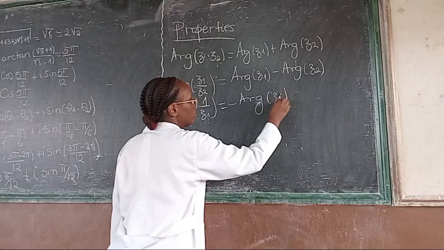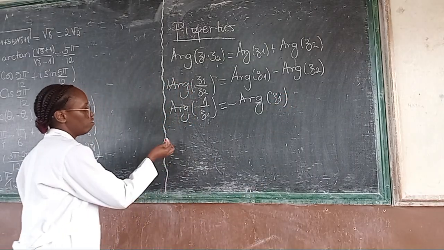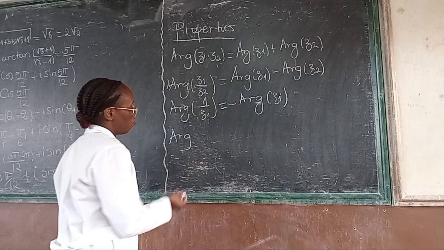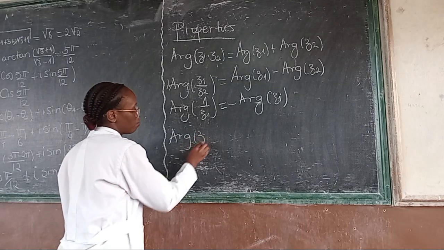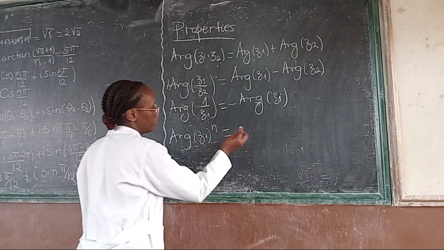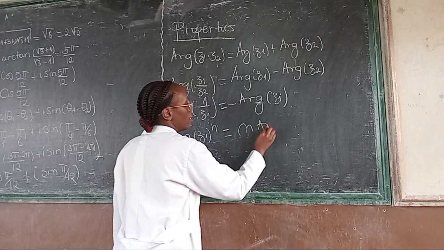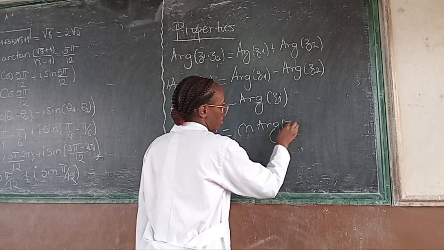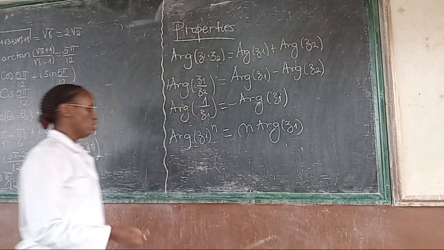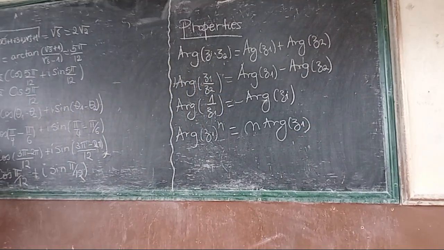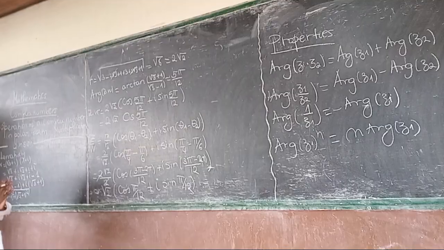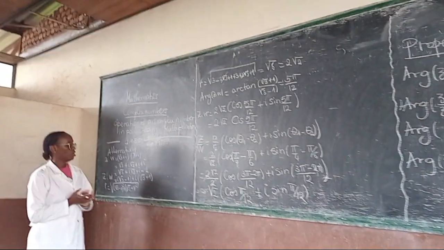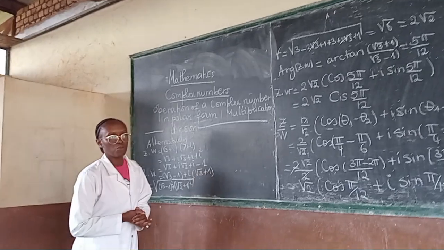Also, the argument of a complex number z to the power n is the same as n times the argument of z. So simply that is how we did operations of complex numbers in polar form, including multiplication and division. So thank you so much.